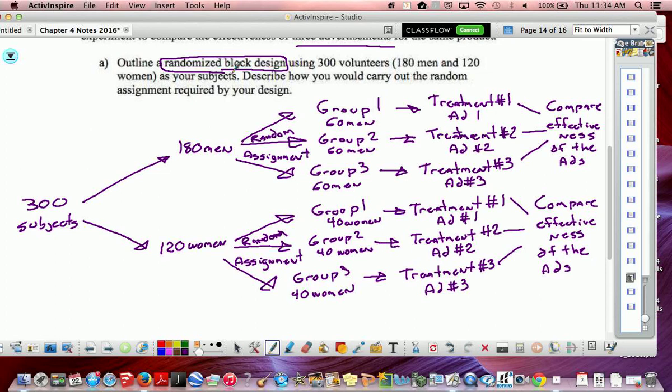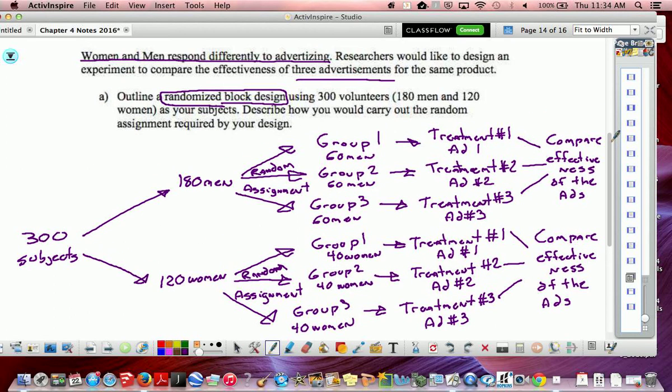So I look back at whether they gave me anything up here that said what I should block by. The first sentence said, men and women respond differently. Well, if men and women are responding differently, you want to block by where groups are actually going to respond differently. So in this problem, they're specifically telling you you should be blocking by men and women.